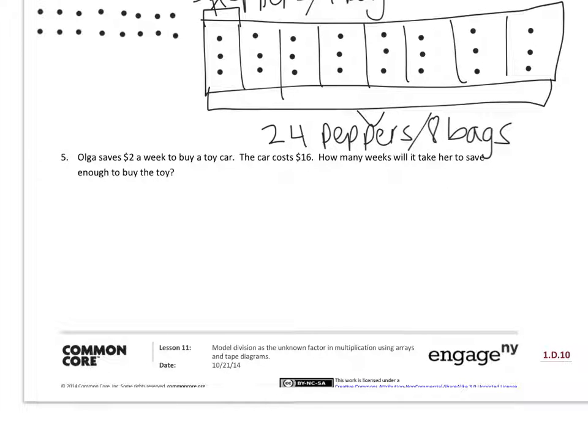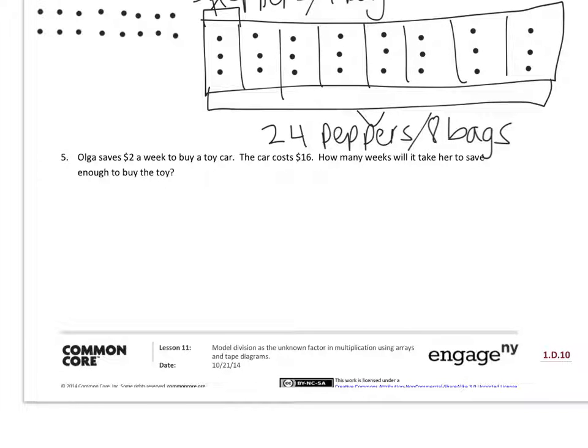Does $2 go into the week, or does the week go into $2? Well, if she's saving $2 each week, then that means $2 is my size and week is my groups. And I'm going to keep going with the method that we've been practicing, where my size is my columns.